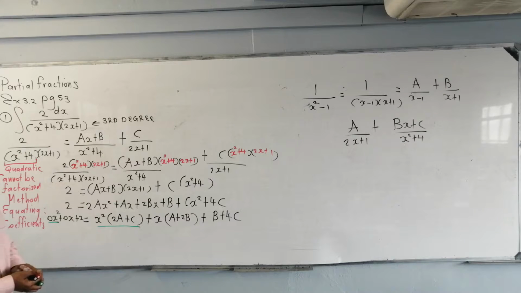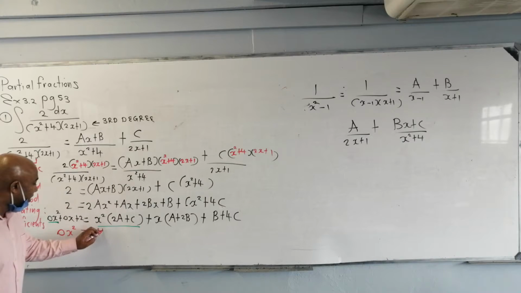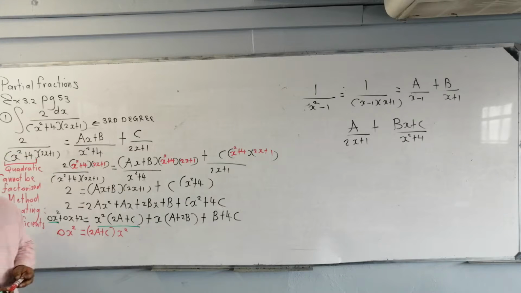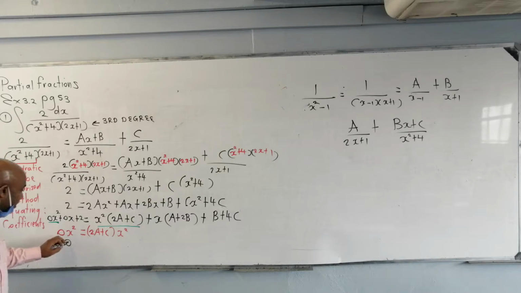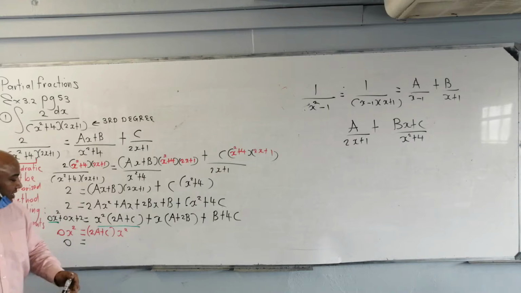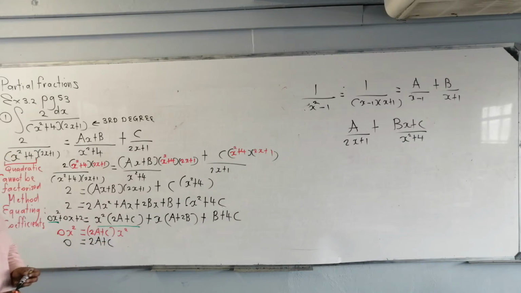Alright, so what will I do? I'm going to say that 0x squared on the left hand side, and on the right hand side I got 2a plus c times x squared. So the coefficient of x squared on the left hand side is 0, must equal to the coefficient of x squared on the right hand side, which is 2a plus c.